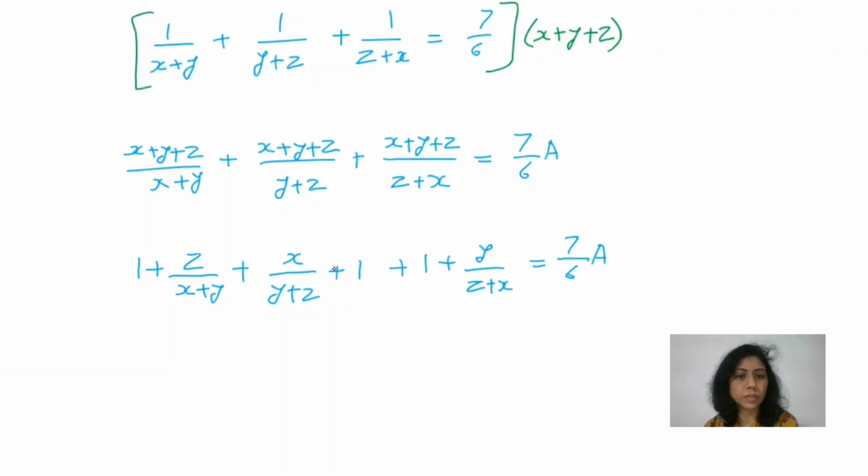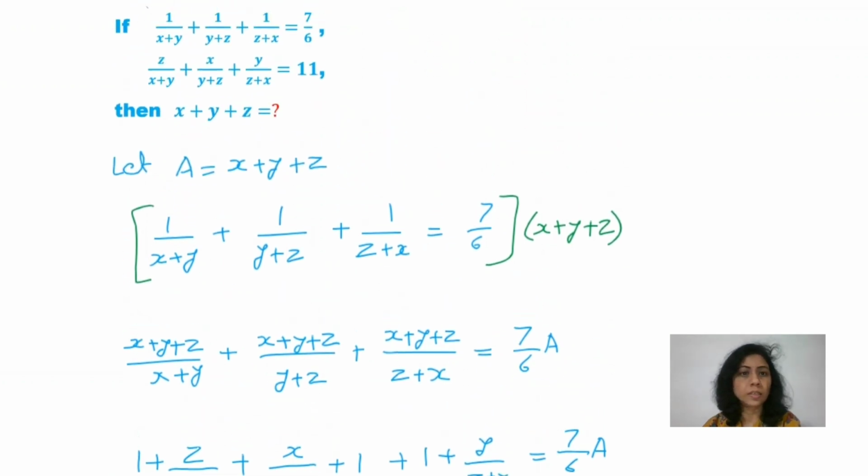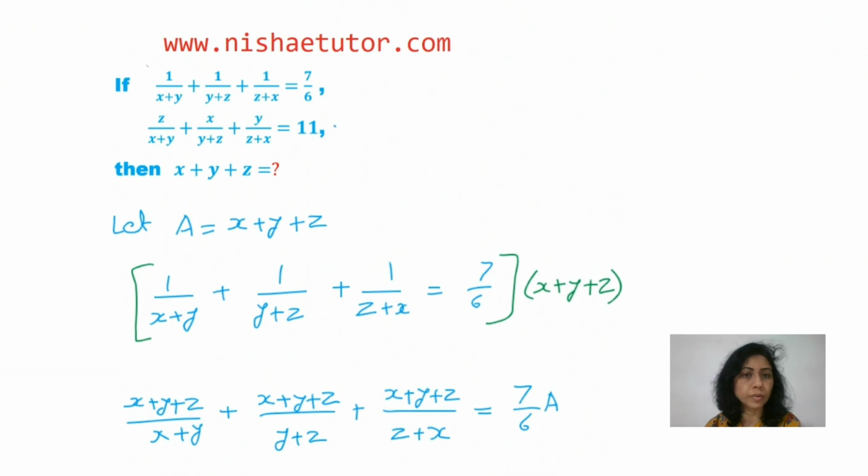Here 1 plus 1 plus 1 which is 3, and z upon x plus y plus x upon y plus z plus y upon z plus x is given from the second equation, which is 11.